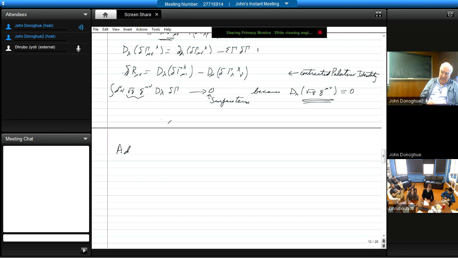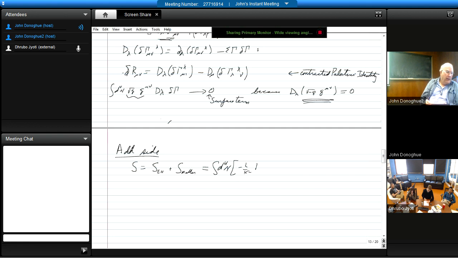Okay. So if we add the matter side in, again, I'm hoping for a minus sign to come out correctly. Otherwise, I will correct this if I have it wrong. We take S total is the Einstein-Hilbert plus S of the matter side.